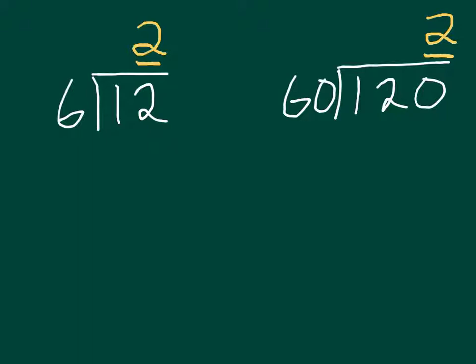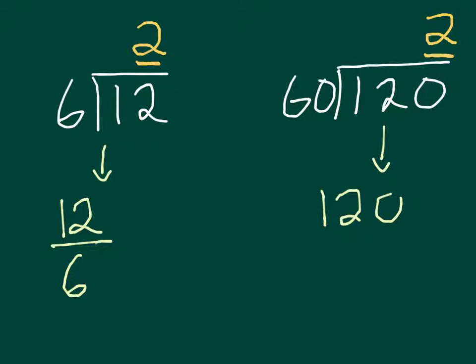These two division facts are obviously related, and I can see it a little more clearly if I write them as fractions. So I'm going to write 12 divided by 6 as a fraction. That's 12 over 6. And 120 divided by 60 as a fraction is 120 over 60. You should notice that this fraction is the same thing. We've just got some zeros on the end.